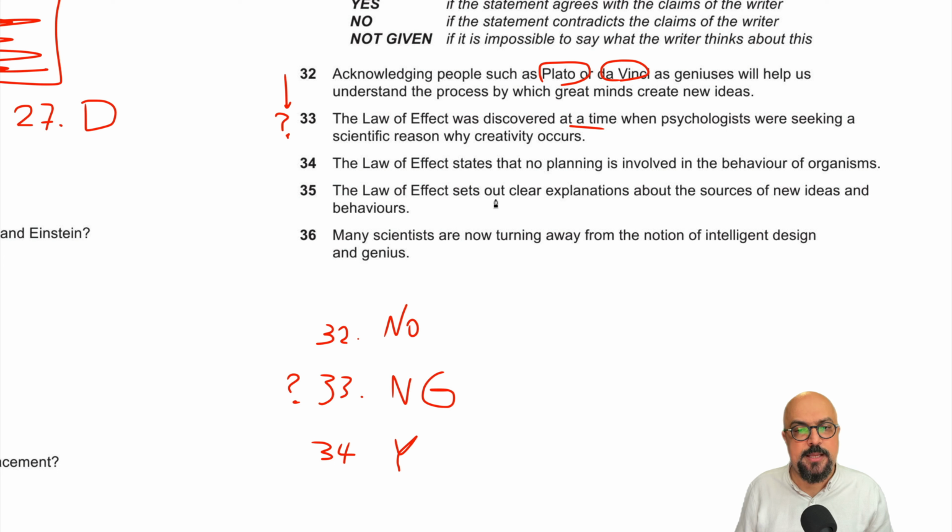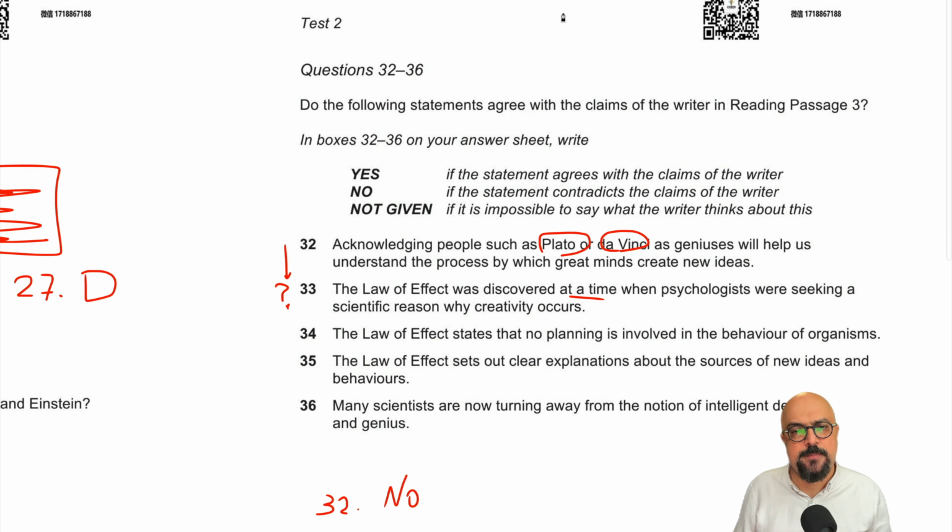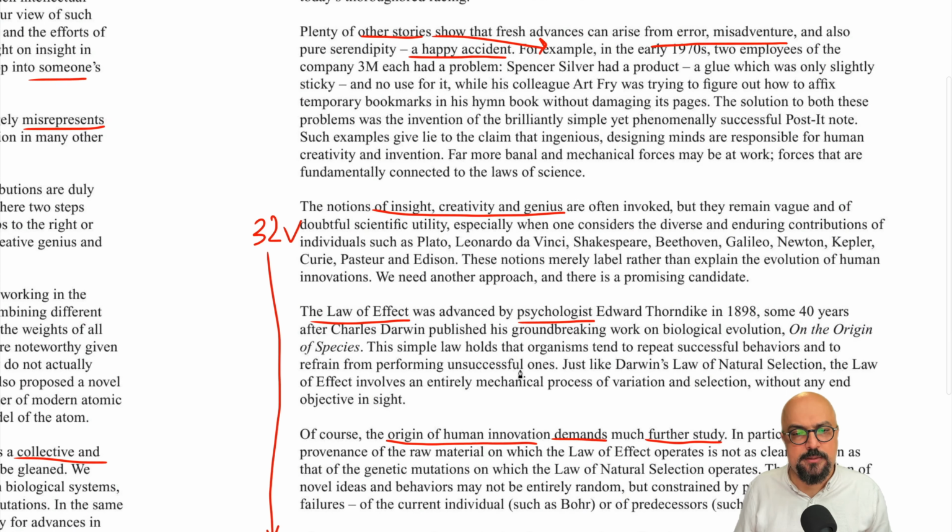The law of effect sets out clear explanations about the sources of new ideas and behaviors. Clear explanations about the sources of new ideas and behaviors. Really? I didn't see that.